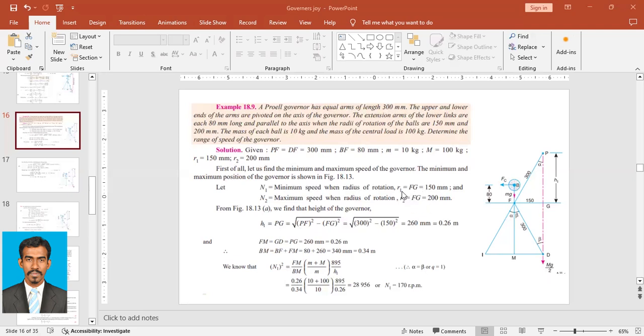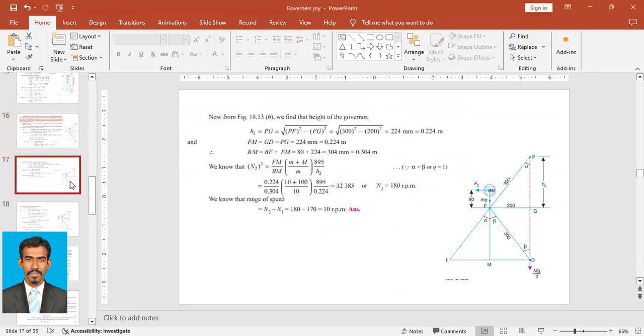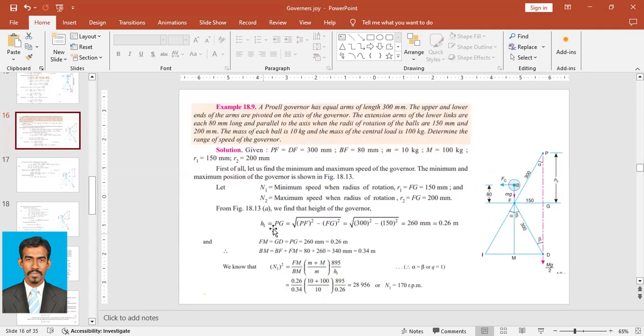H1 is the height while the radius is R1. When this height changes, this will also change. So we'll first find H1. H1 is equal to PG.